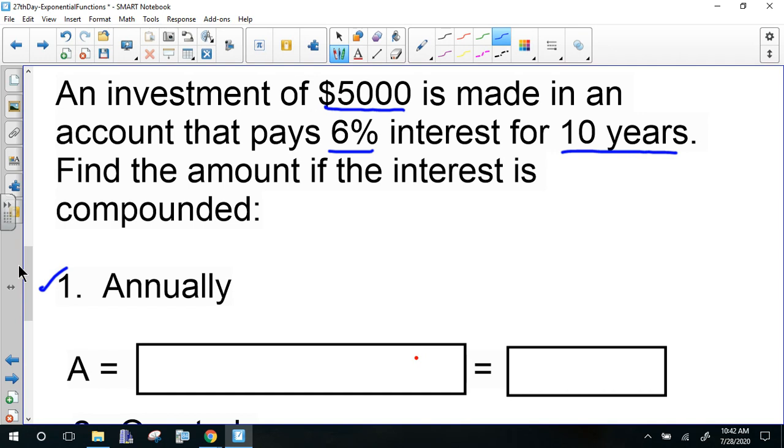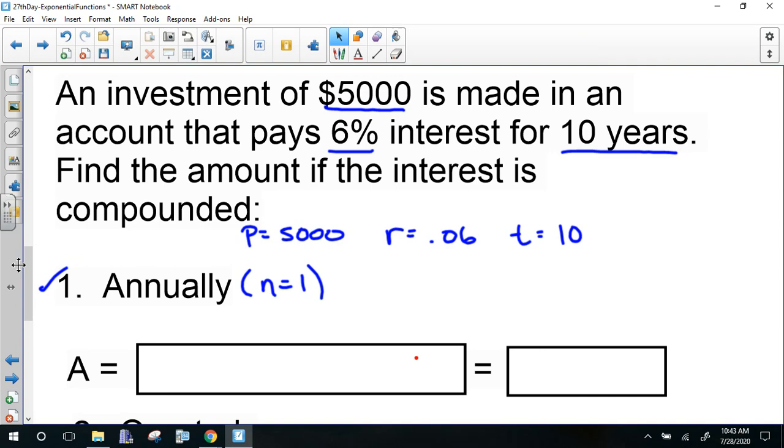So annually means N equals 1. So let's look at what we got. My P would be 5,000. My rate in decimal form is 0.06. And T is 10 years. And we already know N equals 1.